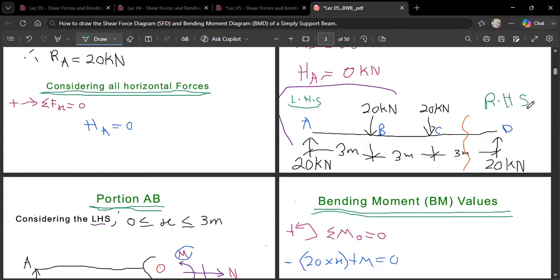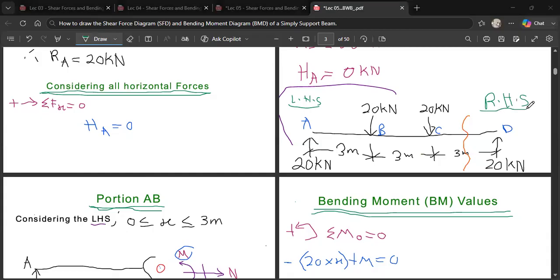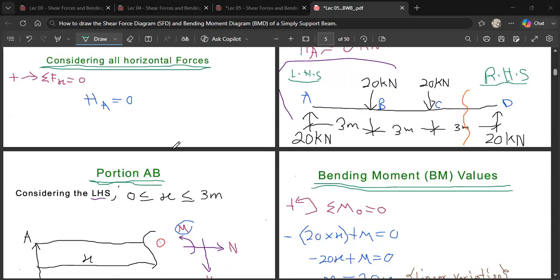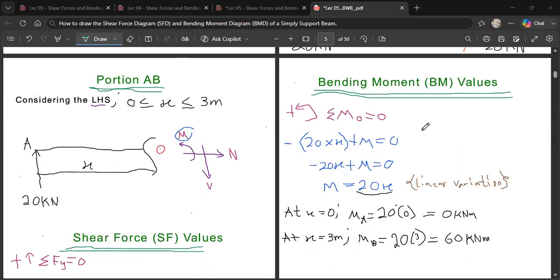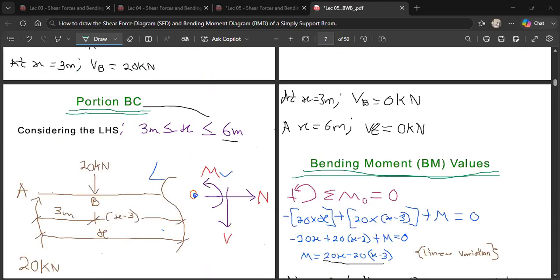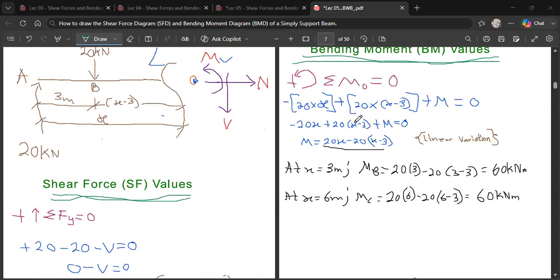So you can choose to consider the right hand side, whichever way. I wish we consider the right hand side so that you can have a blend of understanding. Exactly. So we are going to consider the right hand side. As simple as that.